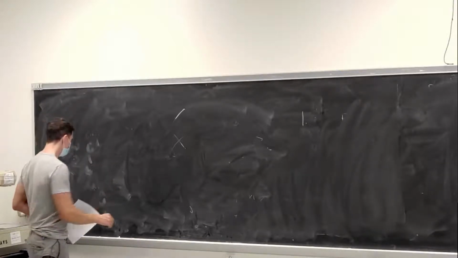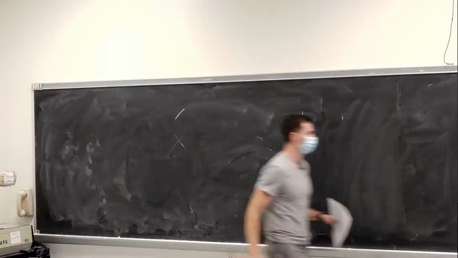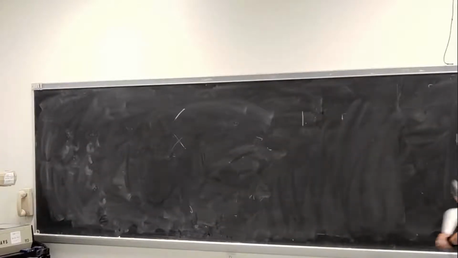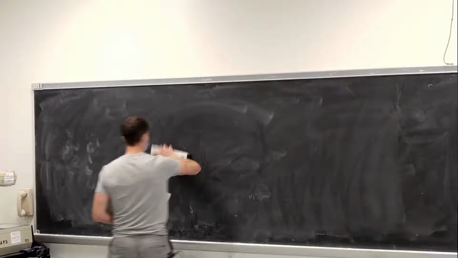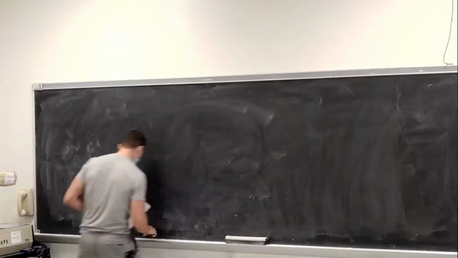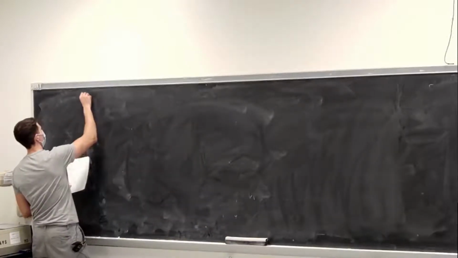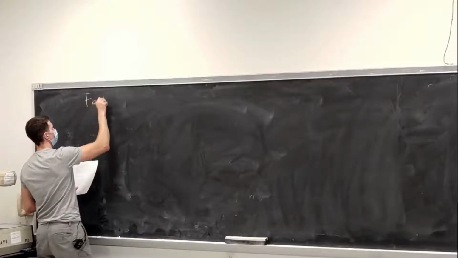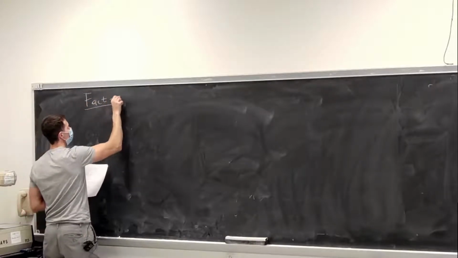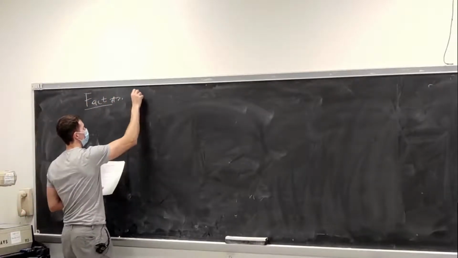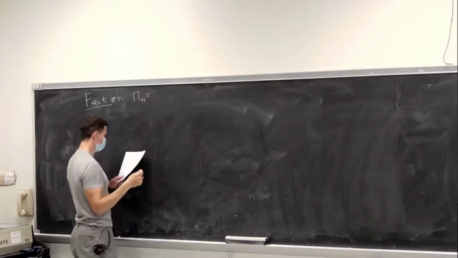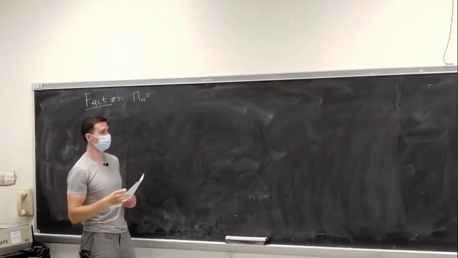So today, let me remind you, we are going to start by showing two facts which I mentioned without proof in the previous lecture. There was fact number 2, which is that the Permutohedron is the Minkowski sum of a bunch of line segments.